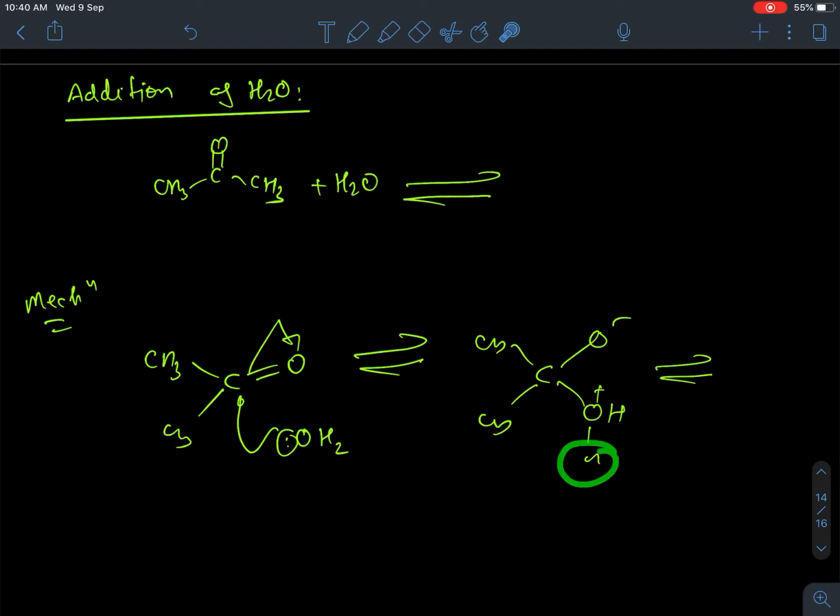Thereafter you can remove this proton by multiple methods. You can transfer it directly here, or another water molecule is going to take this, and this O negative will take hydrogen from another water molecule. So basically proton transfer. So we are going to get this CH3 C, CH3 OH and OH.